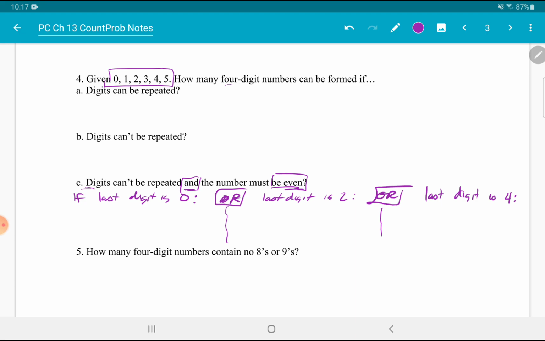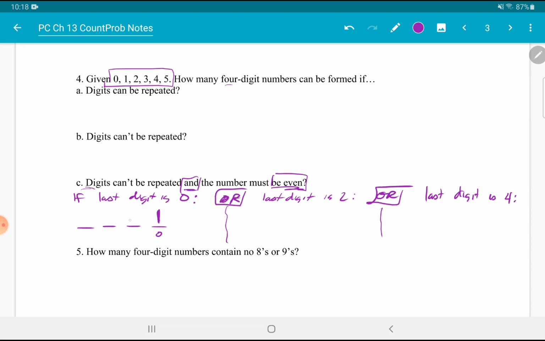Now we need these to be 4-digit numbers, so I'm just going to go ahead and say, hey, I have 4 slots to fill. I know my last digit has to be a 0, right? Because this is 0, I really only have one choice that can fit in this spot here.